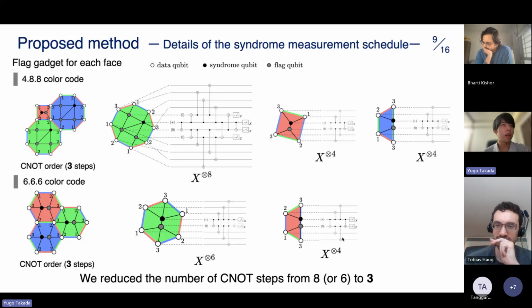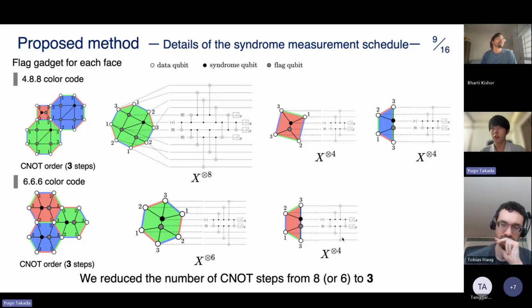Actually, I'm not so familiar with BP-OSD or something like that, so I don't know the intuition about that. But at least in color codes, I mentioned that the decoding is difficult. But in these few years, many decoders for color codes have been proposed.